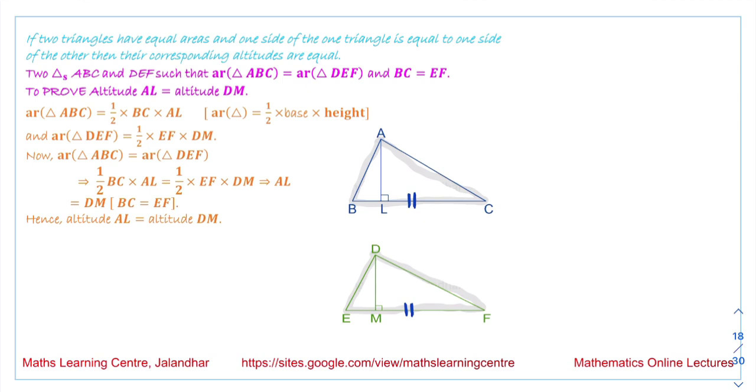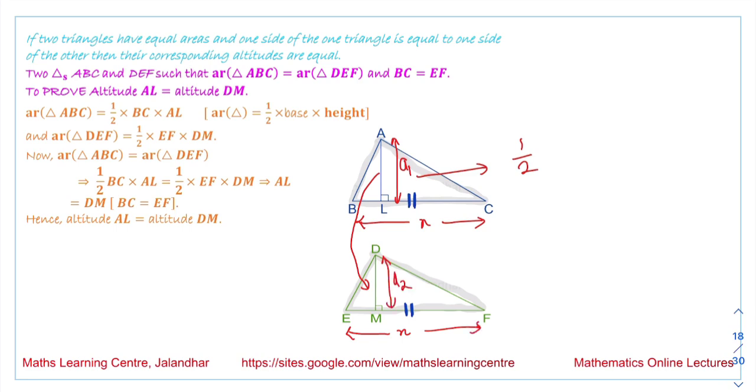We have to prove that their altitudes are equal. So if we write the area of this triangle, it is half. Suppose this length over here is x, and the altitude of this is A1. We have this length is x and the altitude of this triangle is A2. So the area of this triangle is half x into A1 and the area of this triangle is half x into A2.